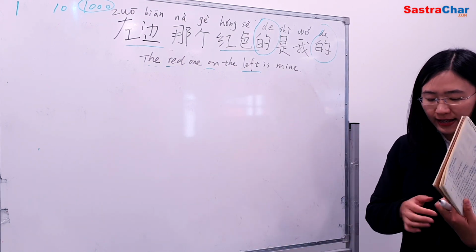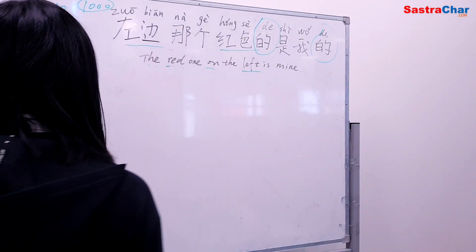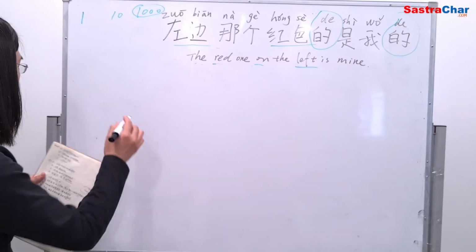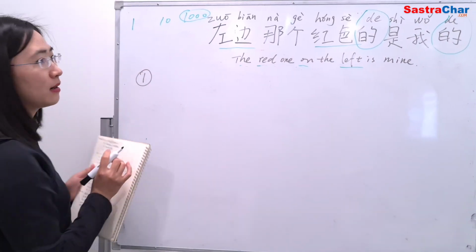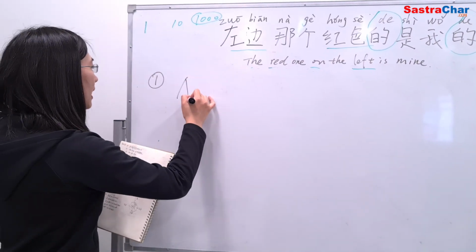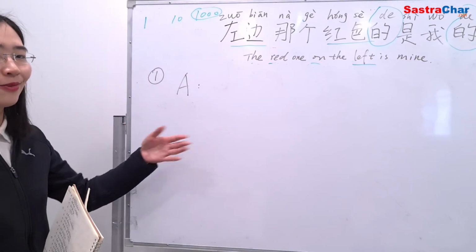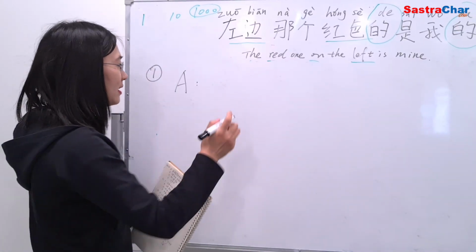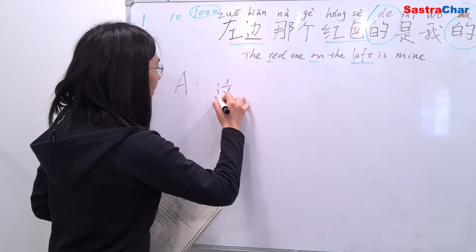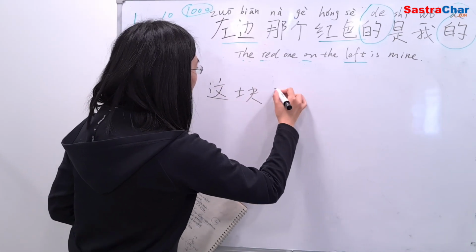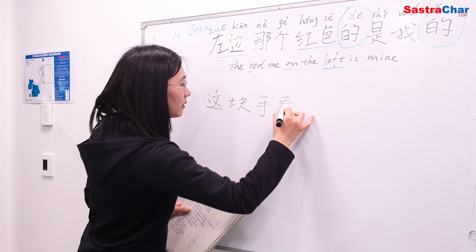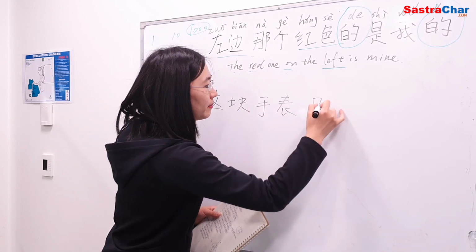Yeah, I think we have learned how to ask the price before, right? We have learned this. So, okay, dialogue 1. First, I want to confirm whether this watch is yours or not. So, 这块手表是你的吗?